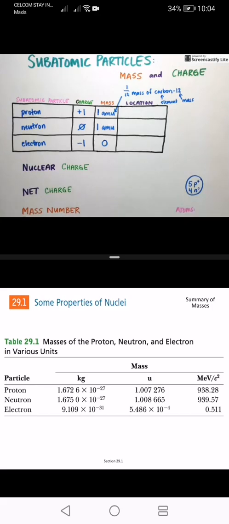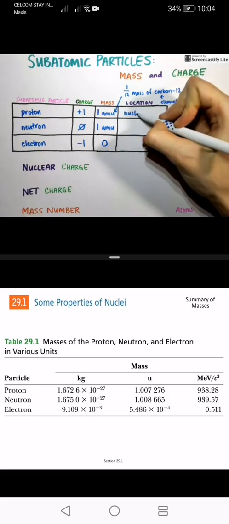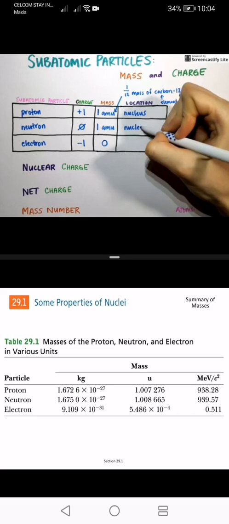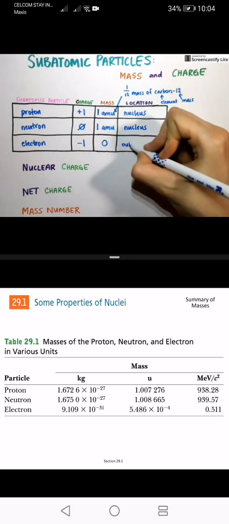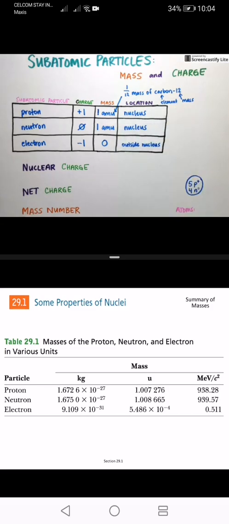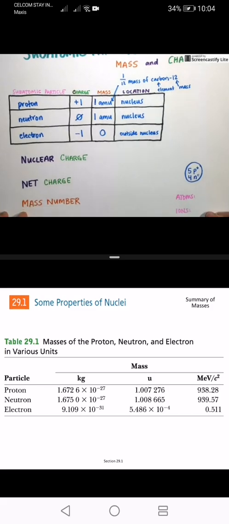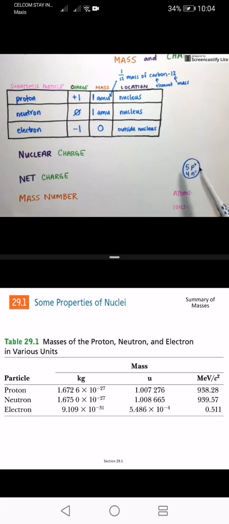This was a unit that was defined to help us discuss such small masses. And the AMU is defined as 1/12 the mass of a carbon atom that has an overall mass of 12.